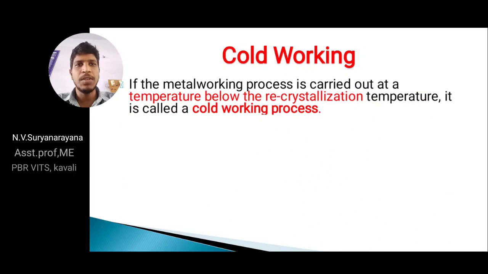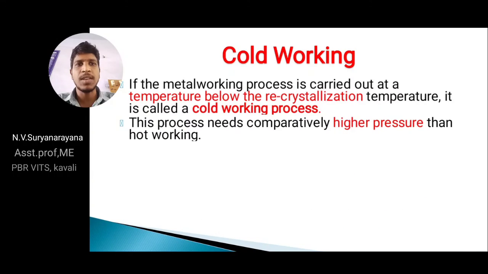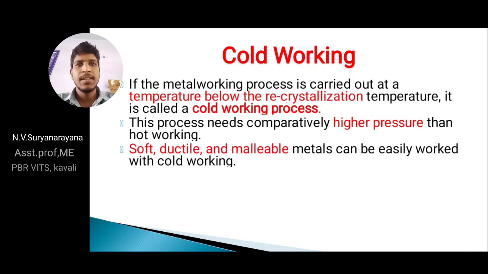Next, coming to cold working, we already discussed hot working. The metal working process done above the recrystallization temperature is known as hot working. Below the recrystallization temperature, it is cold working. That means cold working is at room temperature. The process is done at room temperature. But compared to hot working, high pressures are required.